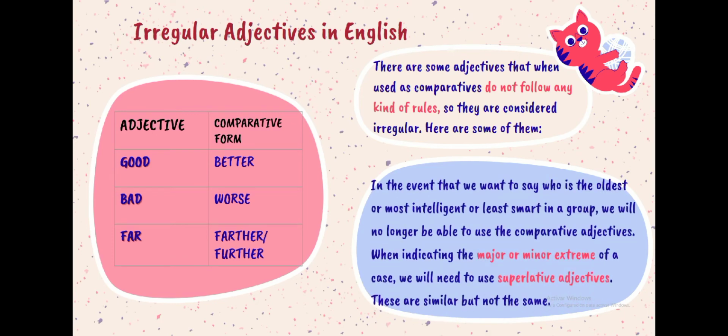In the event that we want to say who is the oldest or most intelligent or least smart in a group, we will no longer be able to use comparative adjectives when indicating the major or minor extreme of a case. We will need to use superlative adjectives. These are similar but not the same.